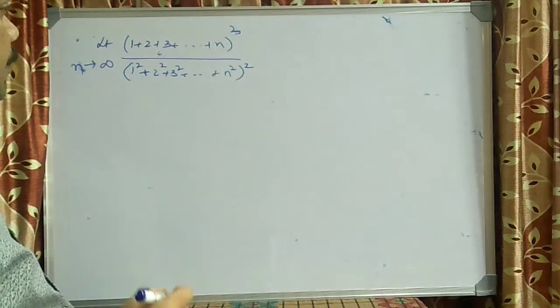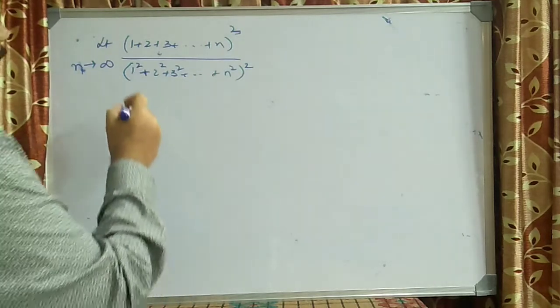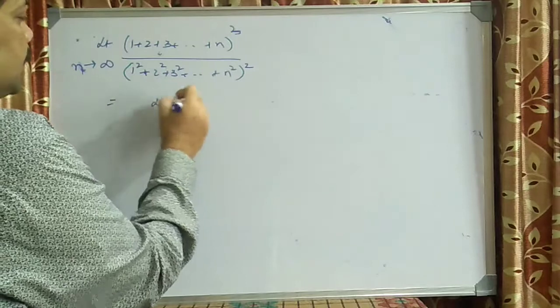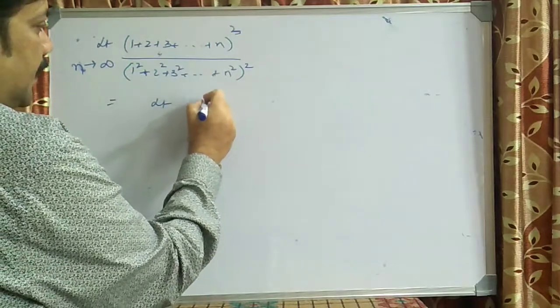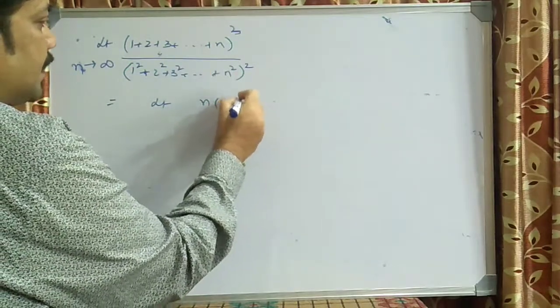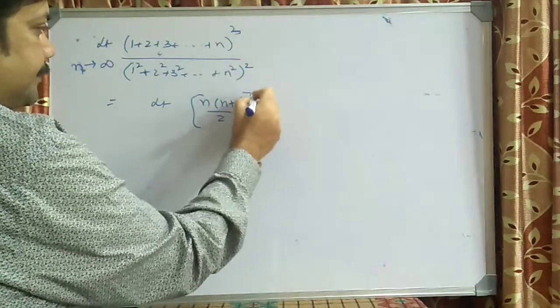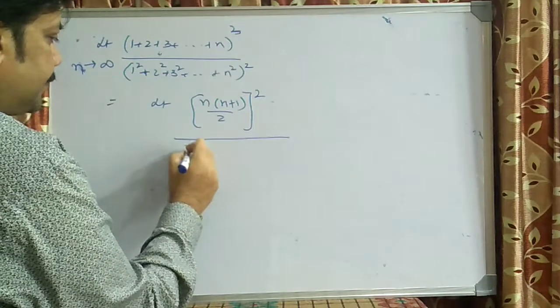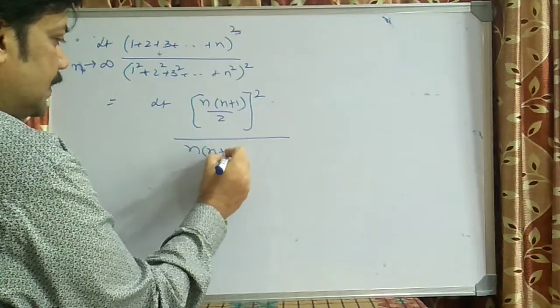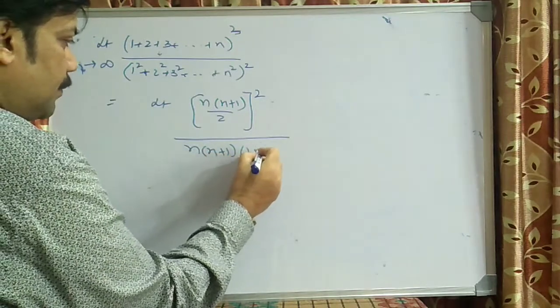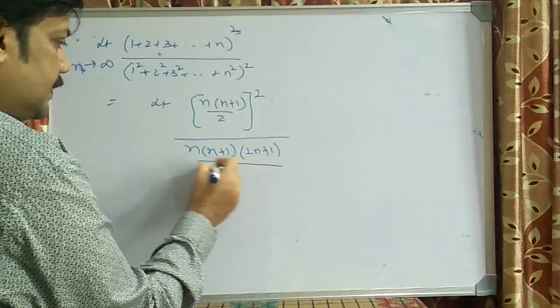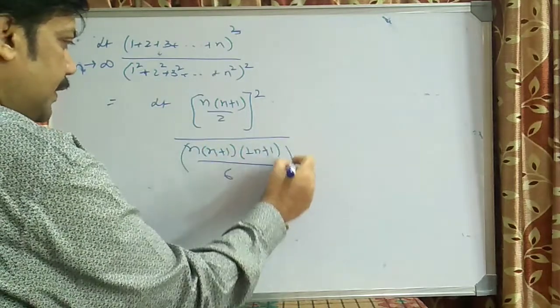Here, the numerator is an arithmetic progression. We have studied this as (n into n plus 1 by 2) whole square, and the denominator is (n into n plus 1 into 2n plus 1) whole by 6, whole square.